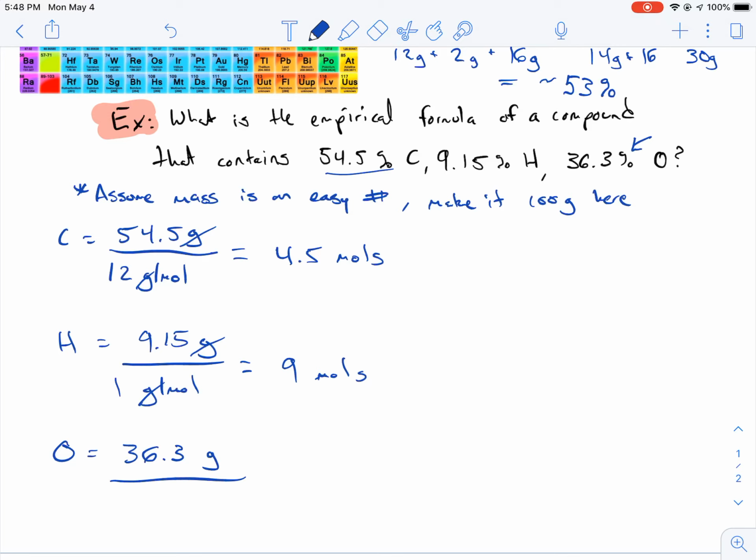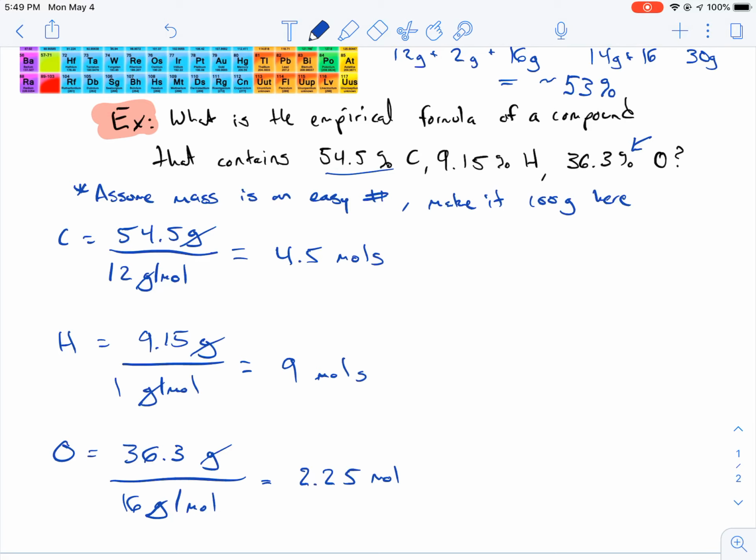So 36.3 grams divided by 16 grams per mole. Once again, that is because the relative atomic mass of oxygen is 16. We divide those and we get 2.25 moles. And it's as easy as that.